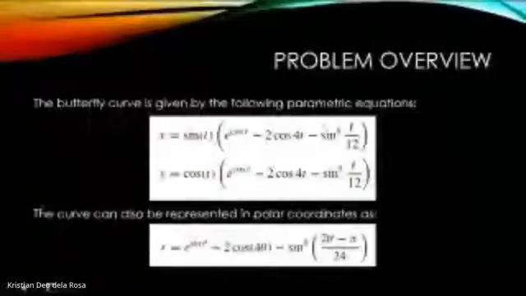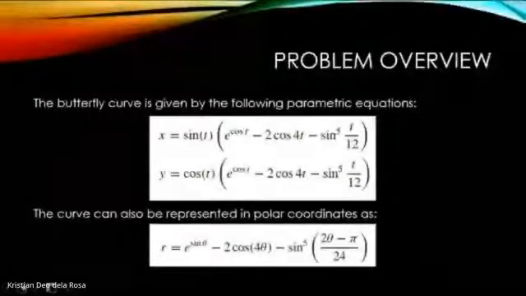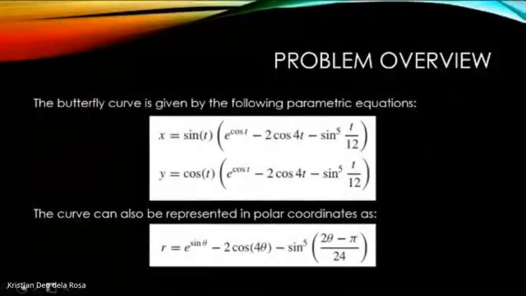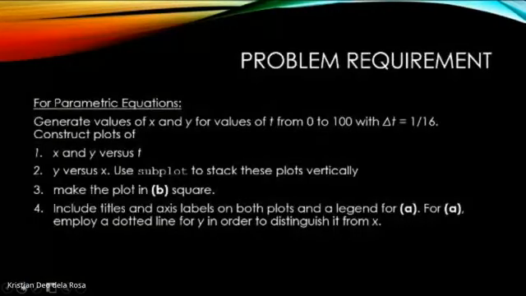Okay, so here is the requirement of the problem. Given these equations, no questions so far? If you have any questions, don't be shy. So the requirement of the problem is the following. For the parametric equations, generate values for x and y as a function of time, from 0 to 100 with t.